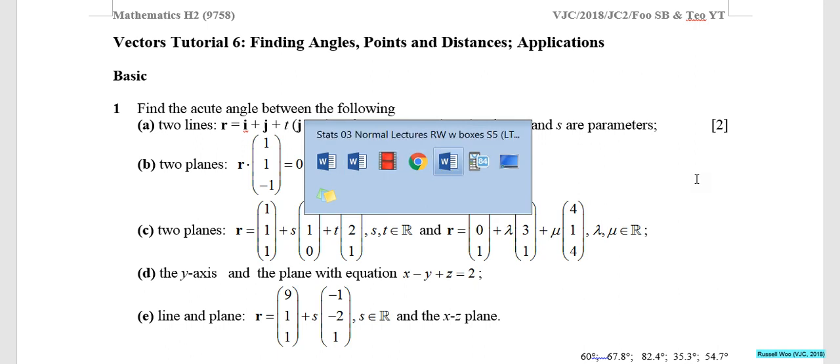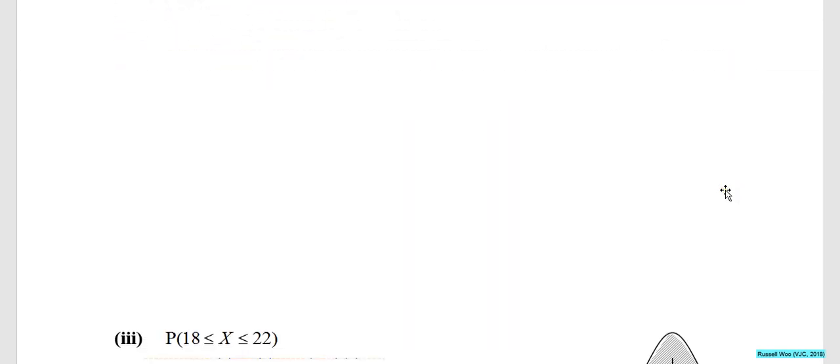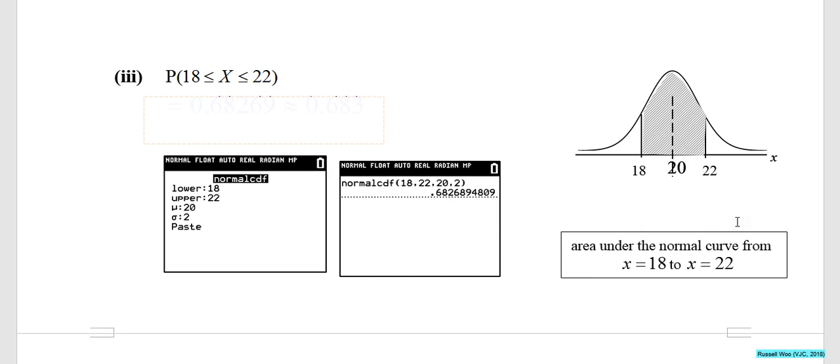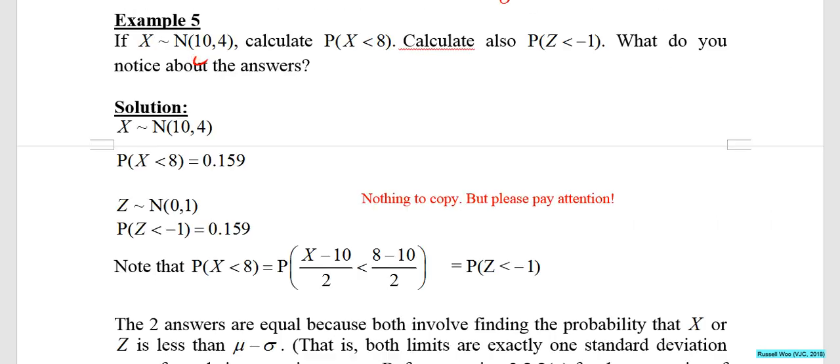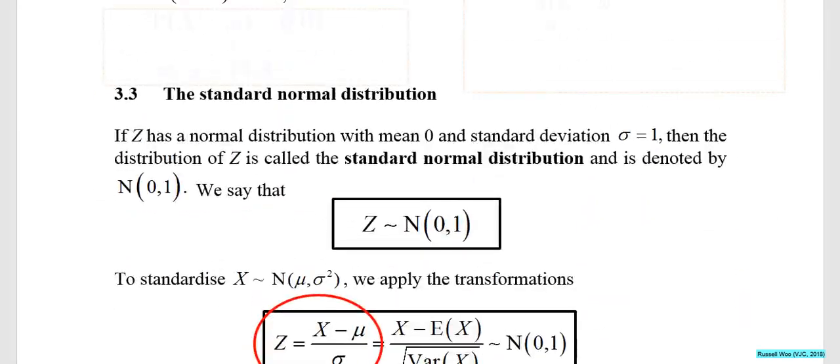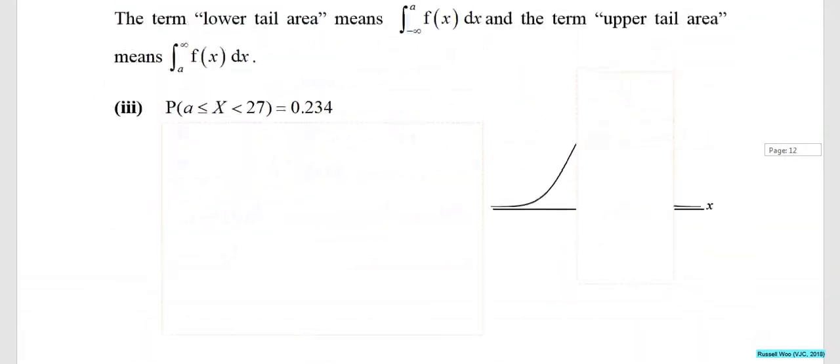This one is for later, tutorial one. Okay, now, we stopped here. Part 3 of example 1. What if the question asks for a range? The GC is well capable of this. Can I have attention?